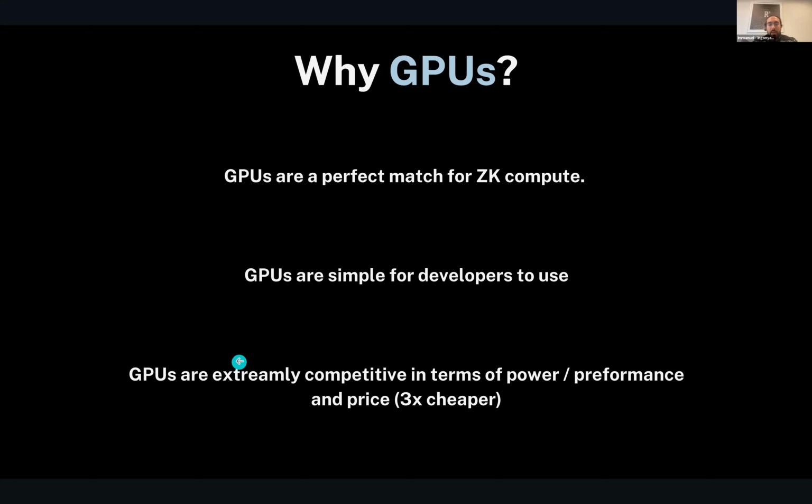GPUs are also extremely competitive in terms of power to performance compared to FPGAs. I'll show that inside another slide. And also they're way cheaper than FPGAs. For example, if you compare the 4090 to an FPGA in the same class, it's about 3 times cheaper.